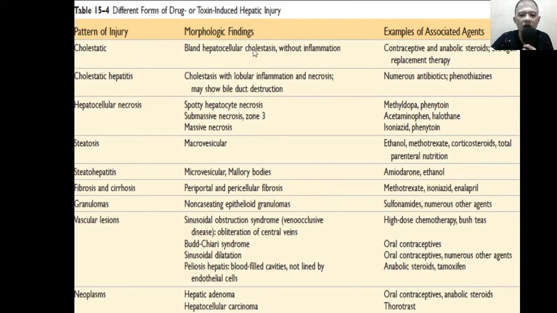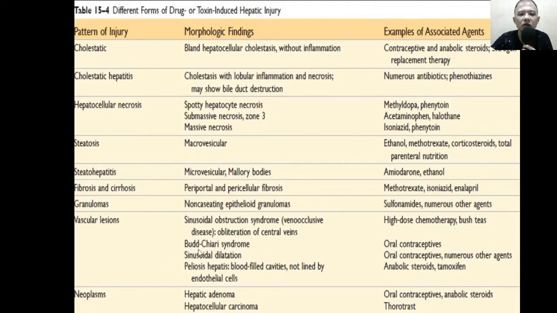Good to take note that, for example, in alcohol you see Mallory bodies. Abuse of oral contraceptives results in Budd-Chiari syndrome, and you also have sinusoidal dilatation.